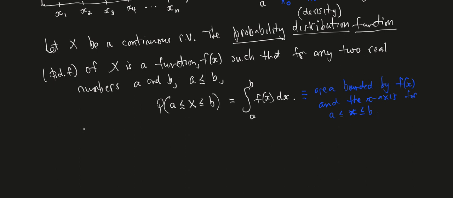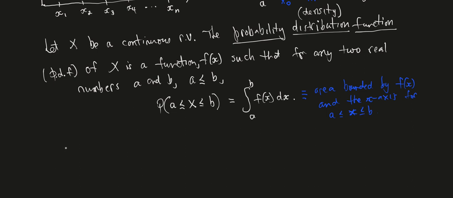So let's start by just stating formally what conditions must our PDF satisfy? It certainly can't be any old function, because remember, it still represents a probability, and there's still axioms of probability that we have to live by.